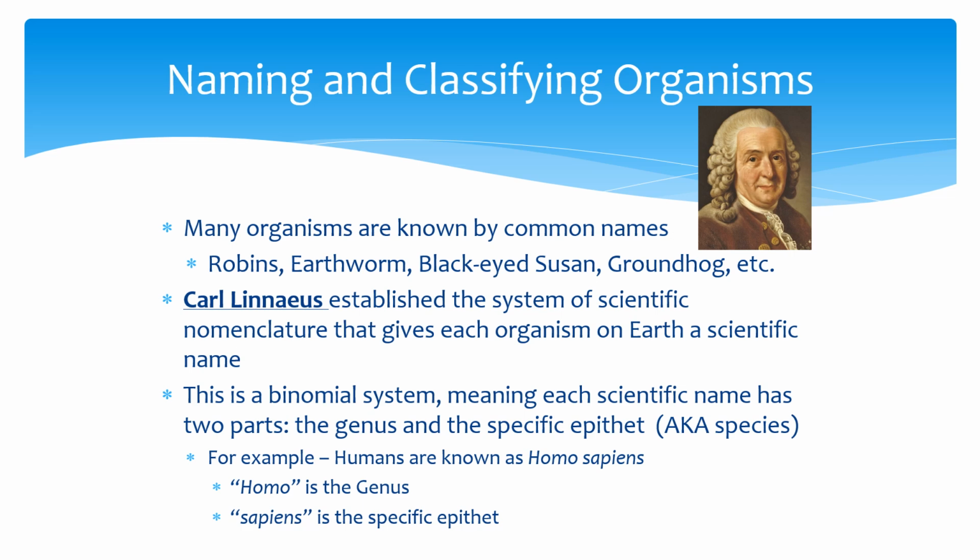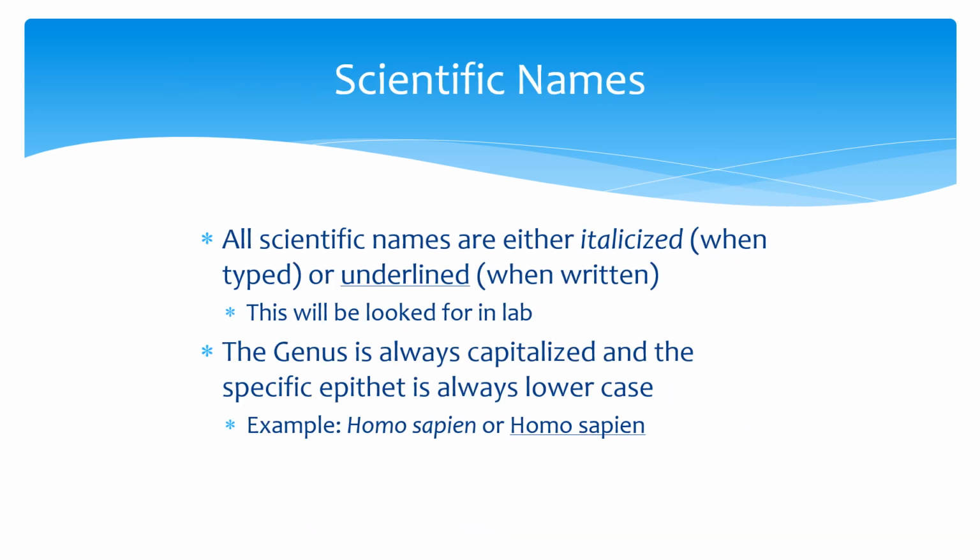Now, you probably noticed on that last slide that Homo sapien was italicized and the H in Homo was capitalized. And you can see this at the bottom of this slide here. It is important for you to note how to specifically write out scientific names.